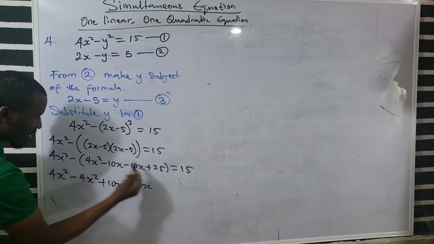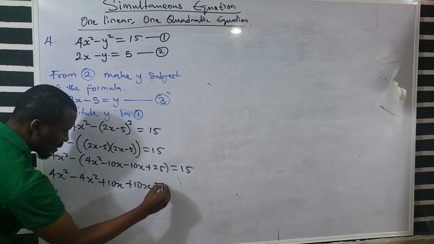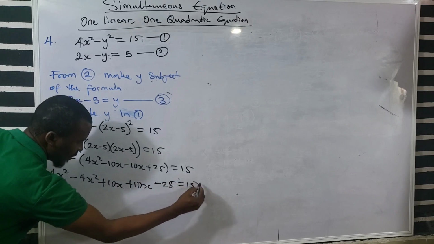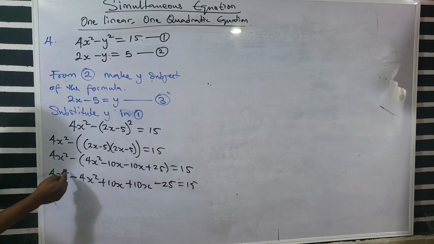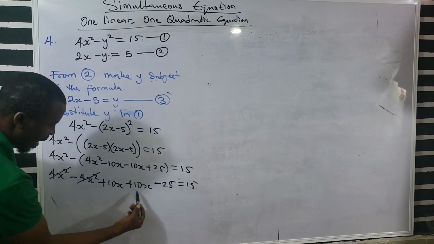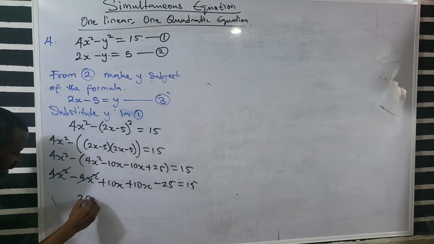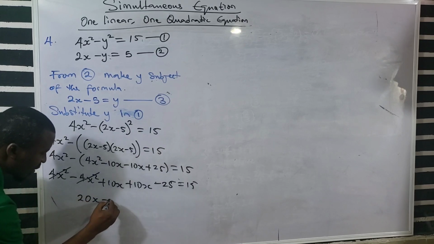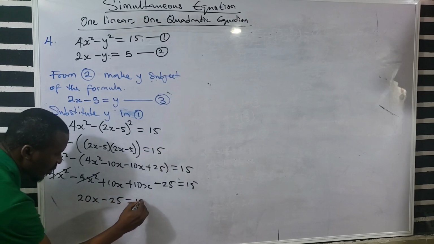Then minus times plus 25 will give me minus 25 equals to 15. So if you look at this, 4x squared will cancel out 4x squared, and 10x plus 10x will give me 20x. So you have minus 25 equals to 15.